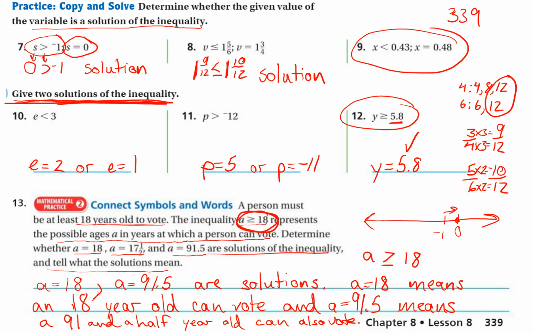And then we could go on to even say, but a 17.5-year-old cannot vote.